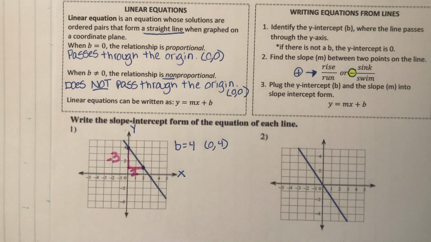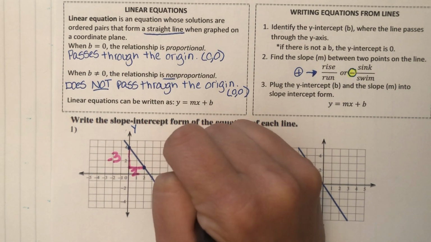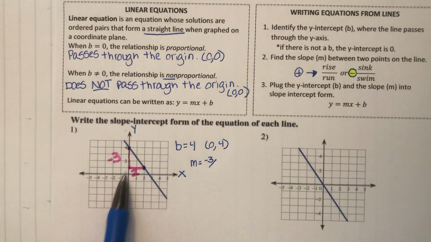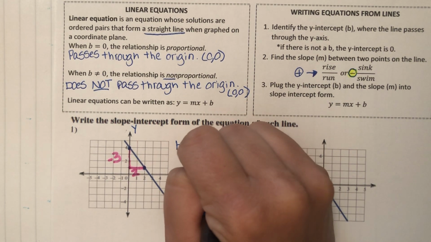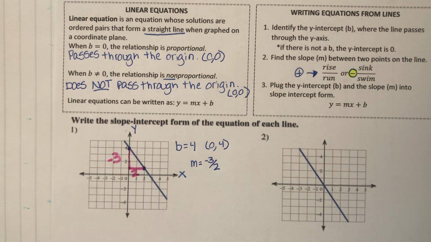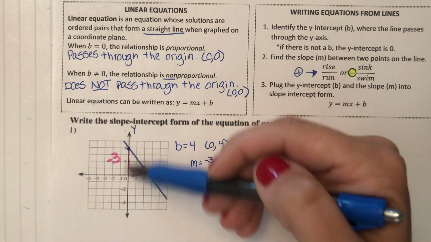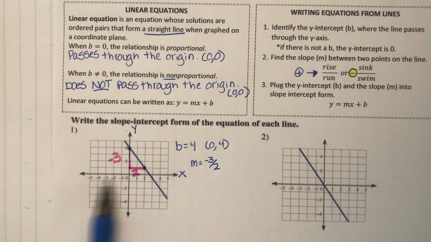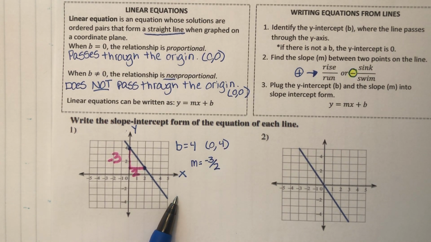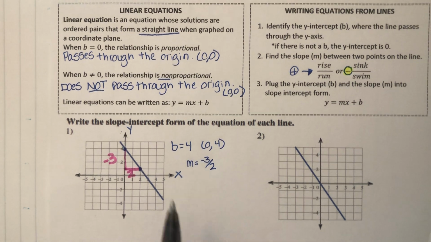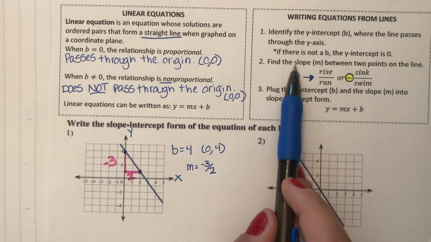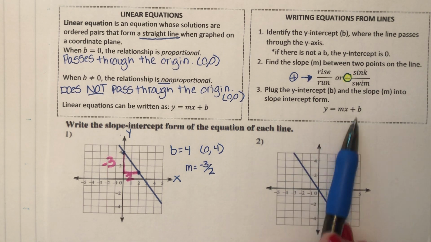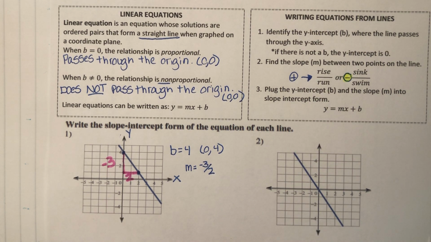Remember, sink over swim. So I went down 3, and then I went over 2. So my slope is -3 over 2. Remember, it's always the change in y, your vertical change, over the change in x, your horizontal change. Now that I have my y-intercept and my slope, I am going to substitute those values into my equation, y equals mx plus b.